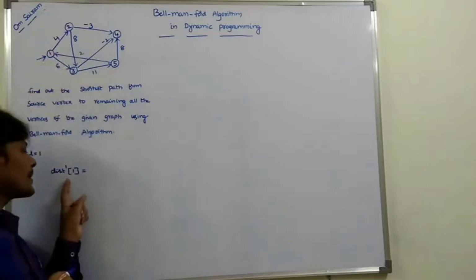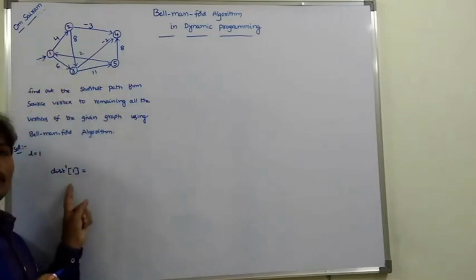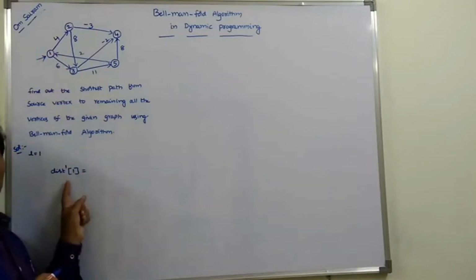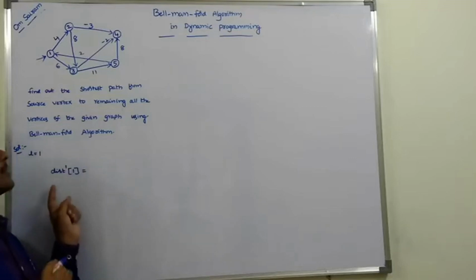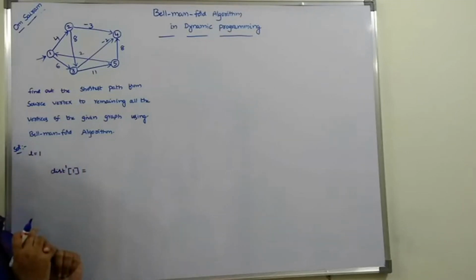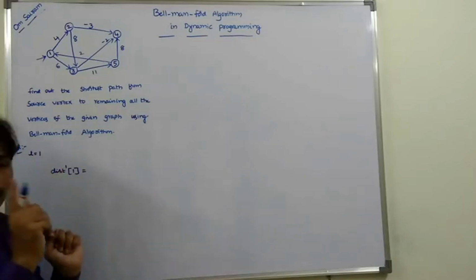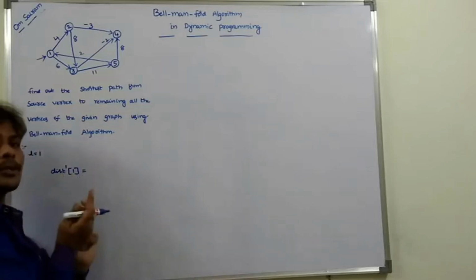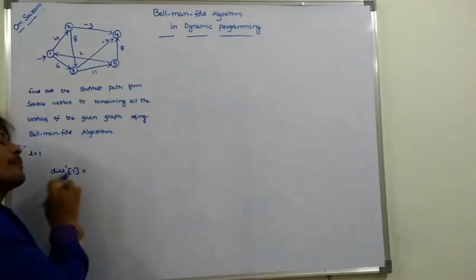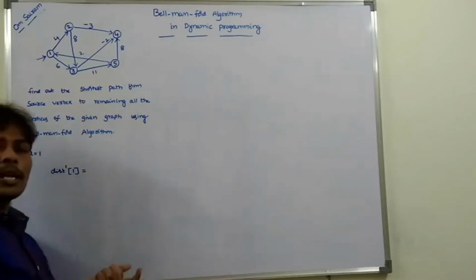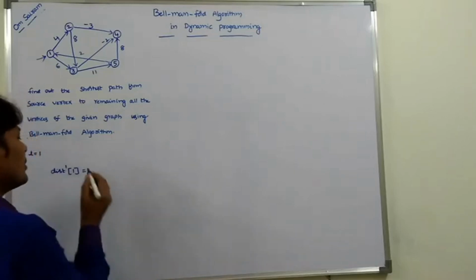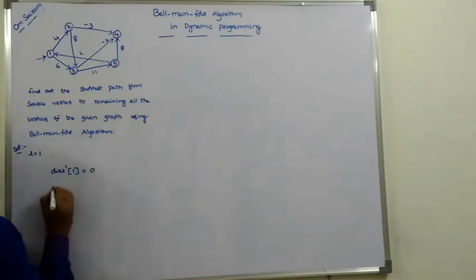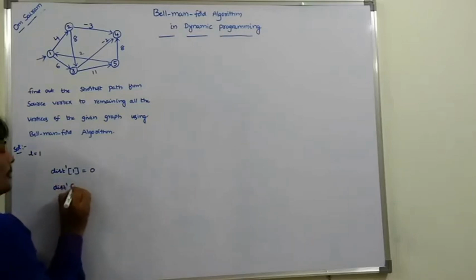Distance from source vertex 1 to destination vertex 1 by considering how many edges? Only 1 edge. Here the source vertex is 1 and the destination vertex is 1. It is 0.